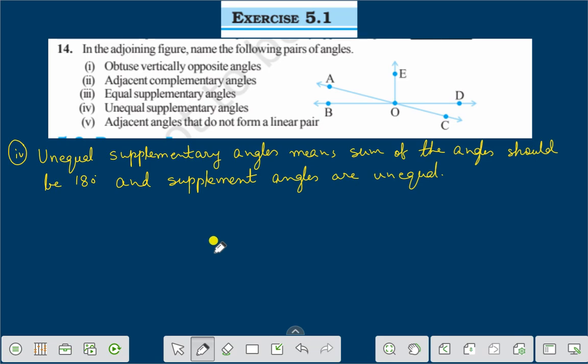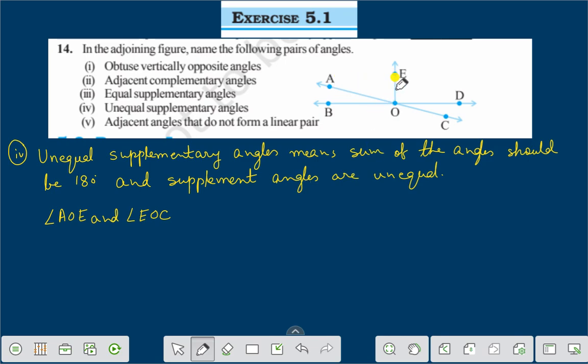Now we'll find all the angles. Here I see angle AOE and angle EOC. Here you see that angle AOE is not equal to angle EOC and the sum is 180 degree. Why?